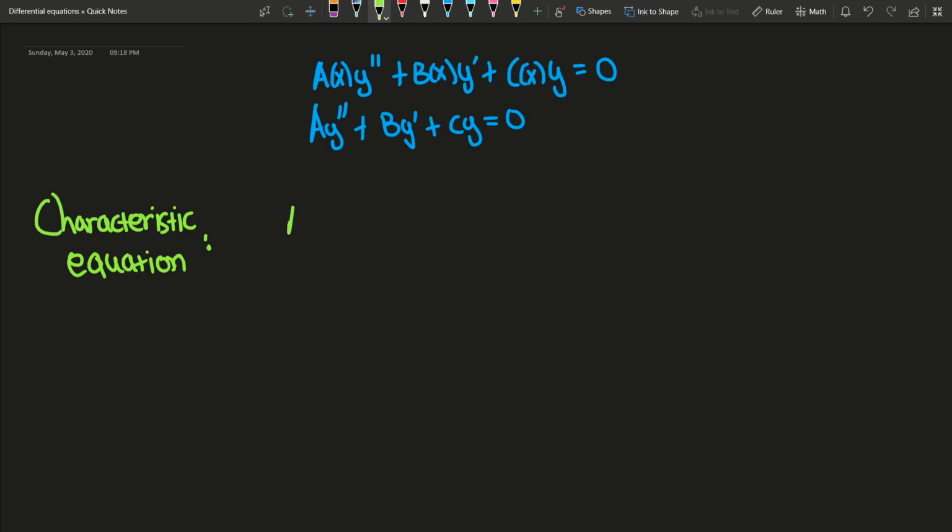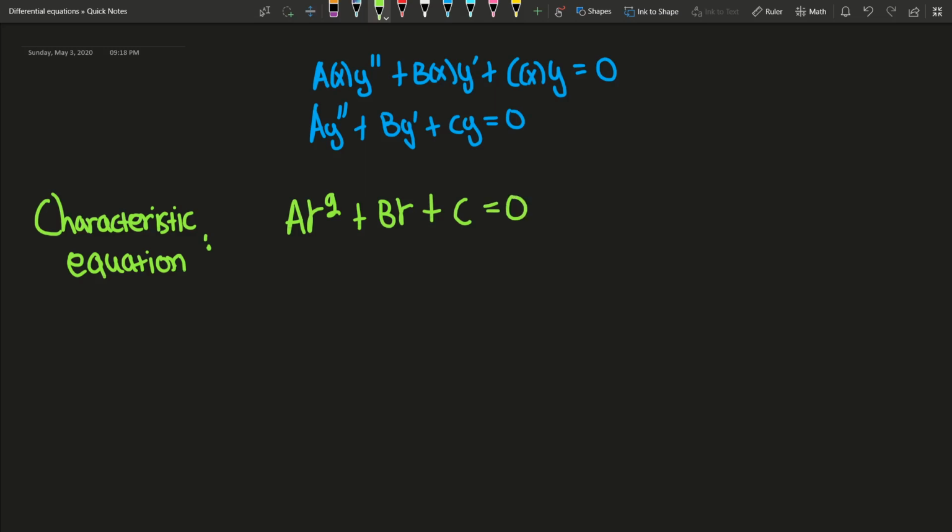it will have this form: a, but instead of y prime prime we write r squared, r is a variable, plus b, and instead of y prime we have r, plus c, and instead of y we have r to the power of 0, which is equal to 1, so we don't need to write it, equals 0.